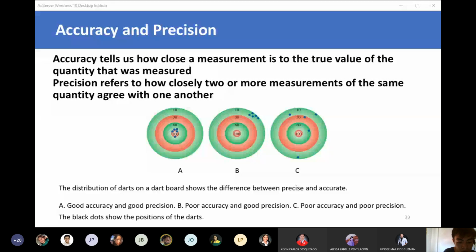Accurate measurements are close to the true value or the accepted value. Precise measurements are values that are just close to each other but are far from the truth. Dikit-dikit lang pero hindi tama. So precise yon. For the last part, we have this one.